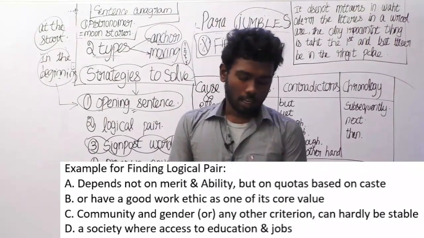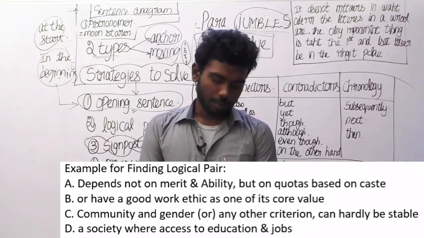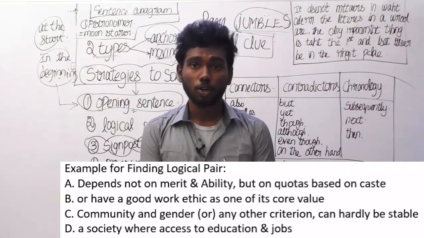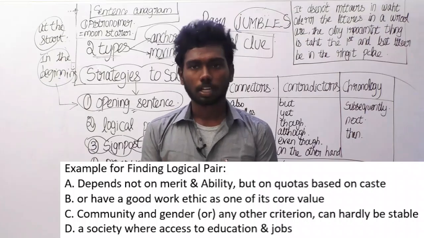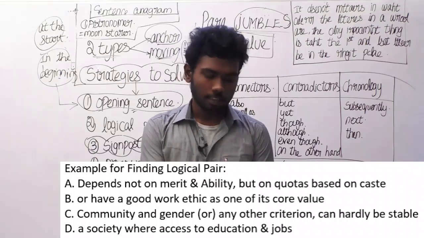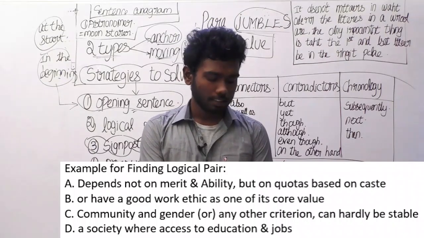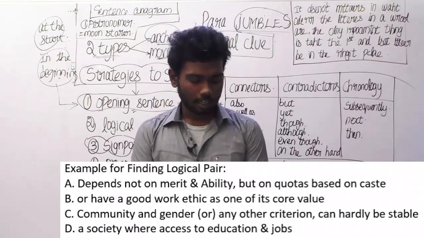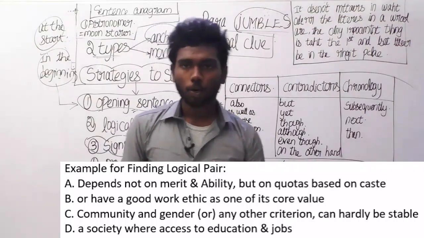So option A will be followed by option C. This is like a universal fact, because caste, community and gender come together, and if you rearrange this question you get the same.